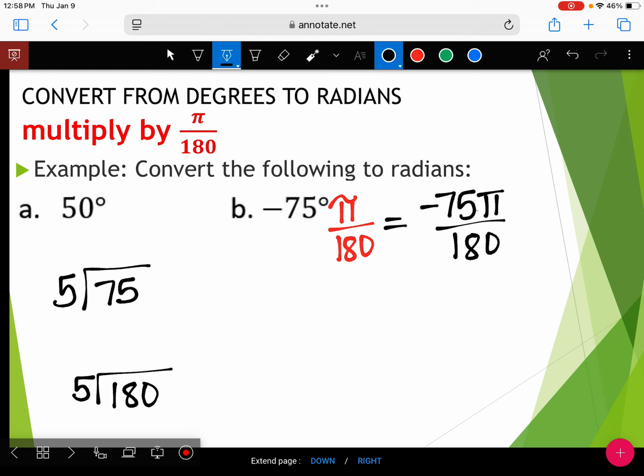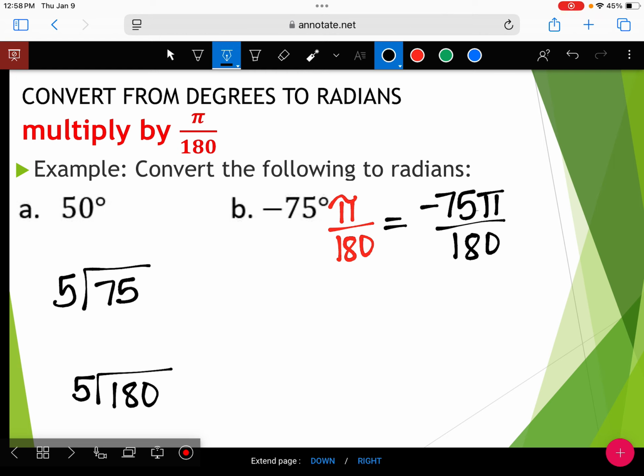You all remember how to do long division? What did you get for 5 going into 75?